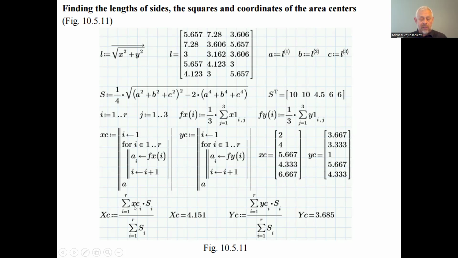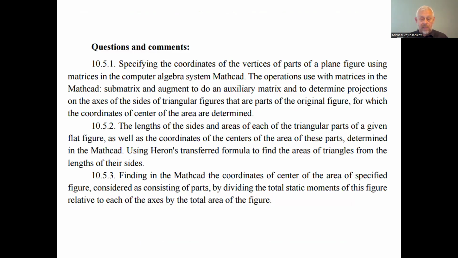This is relative to the ordinate axis, so as a coordinate we use the abscissa for the finding of the ordinate. So we consider the static moment relative to the abscissa axis. Then as the coordinate we consider the ordinates, and this is in the denominator. We have the total of the areas of the triangles in which we divided the assigned figure.